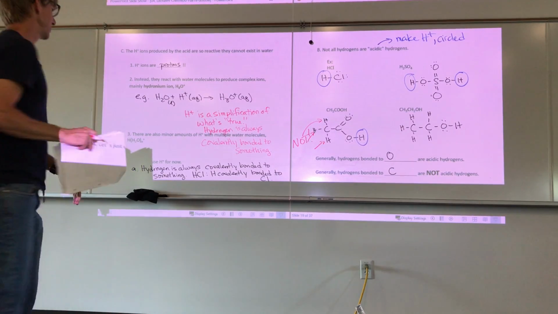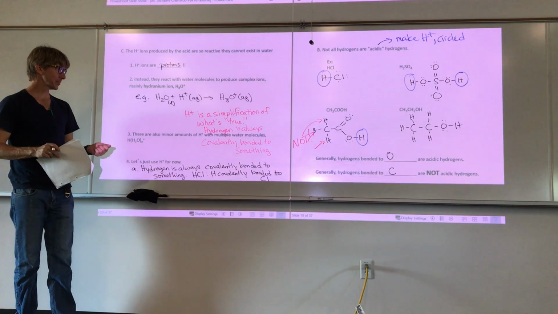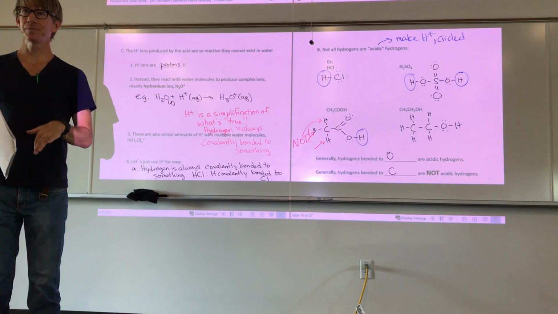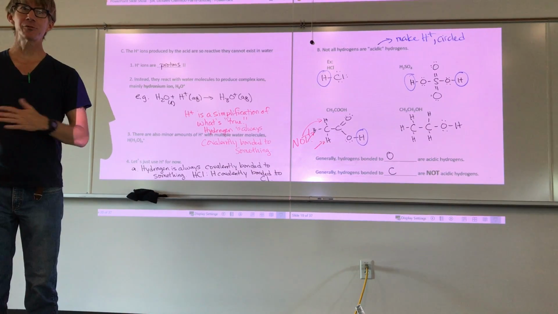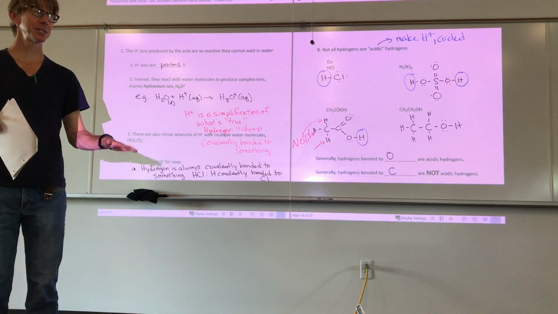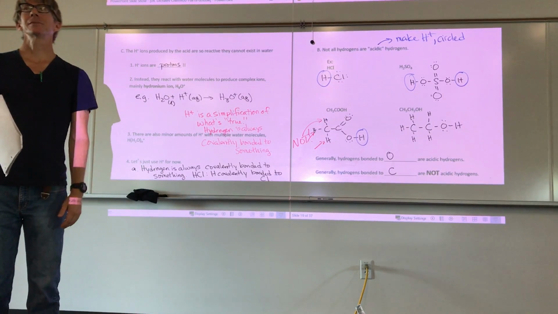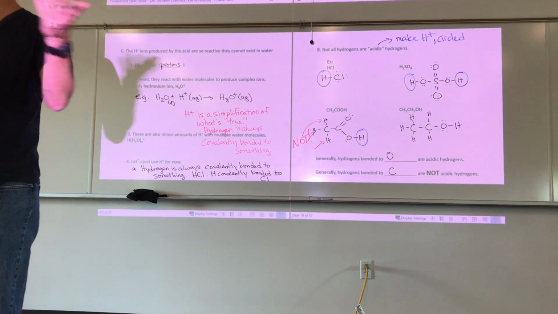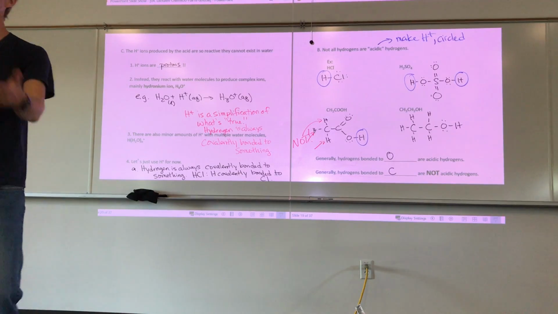So every place else, H+ is bonded to something, and in chemistry 400, there's always water around. Every single reaction we talk about, well, there's one reaction where there's no water around, and that's combustion. But even then, hydrogen is covalently bonded to something.